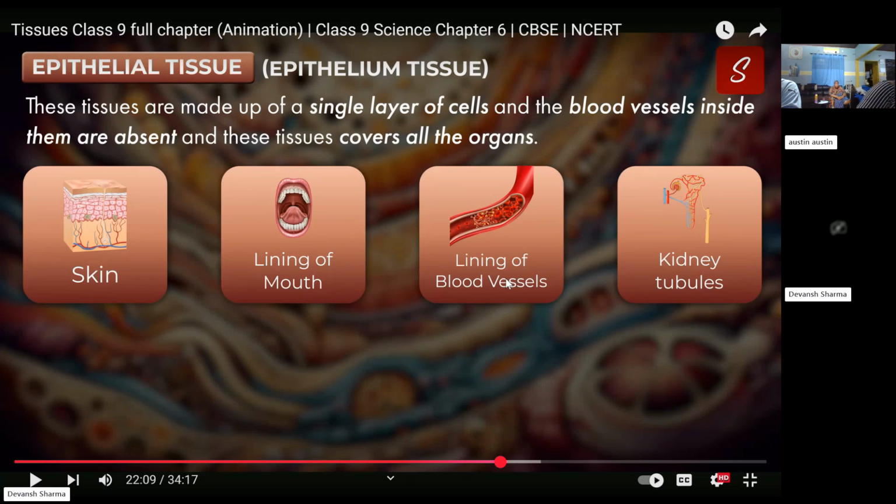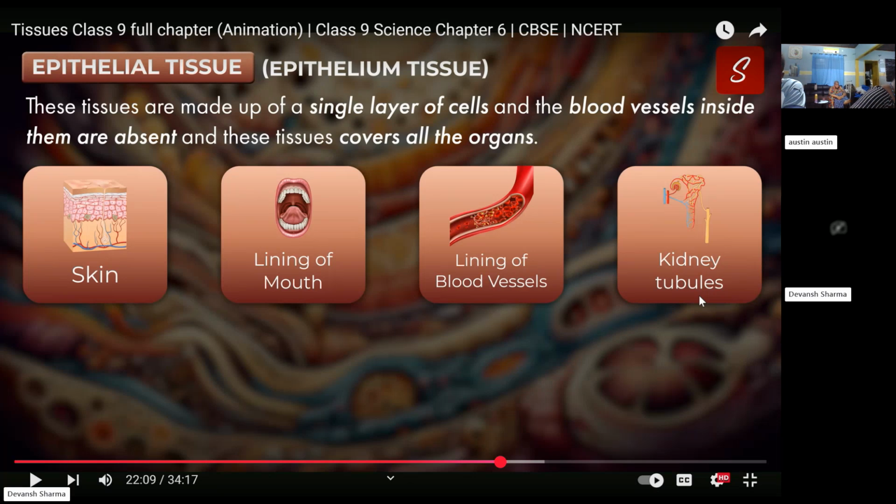Write the location of epithelial tissue: skin, lining of mouth. Lining means our inner lining of the oral cavity. Then lining of blood vessels and kidney tubules.